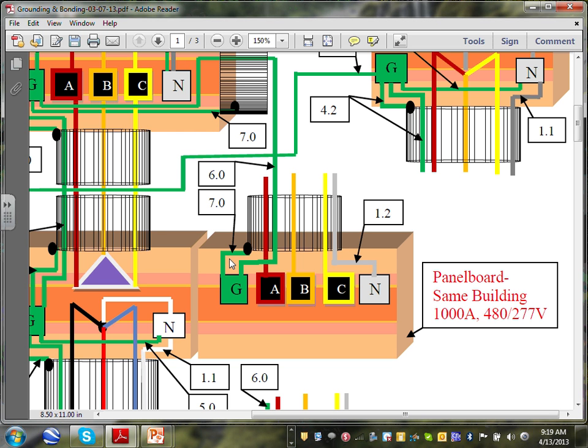And who cares that the code treats them differently and sizes them differently? Anybody know why the code cares? Why do they separate them? Anything on the line side of the disconnect, we're doing the overcurrent protection device later this afternoon.